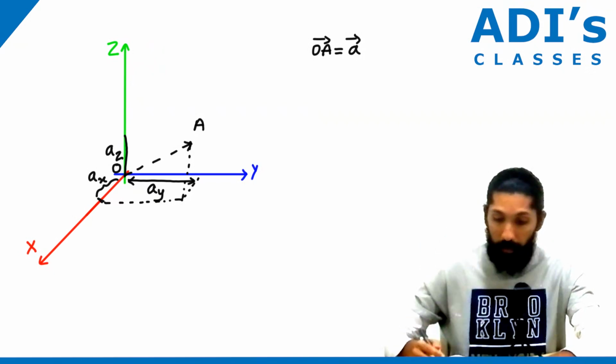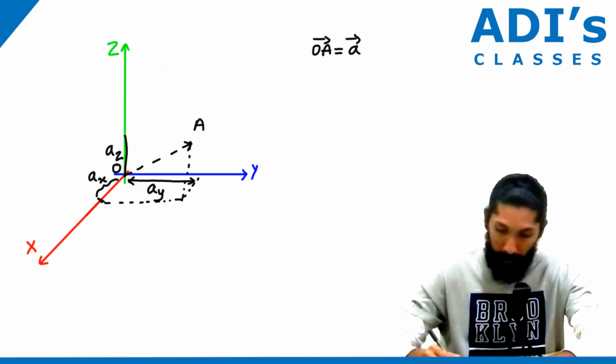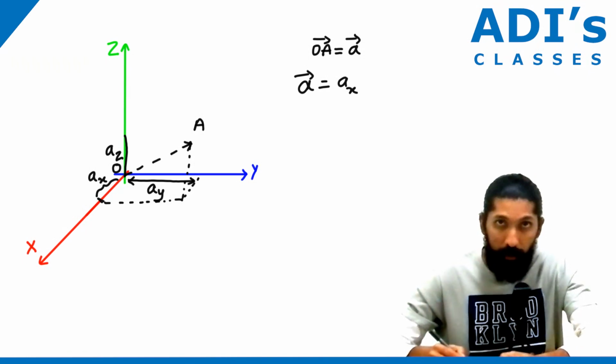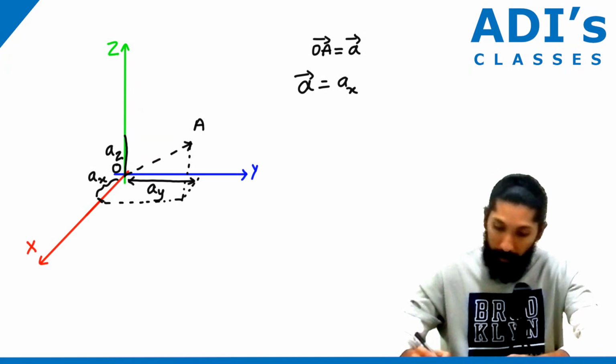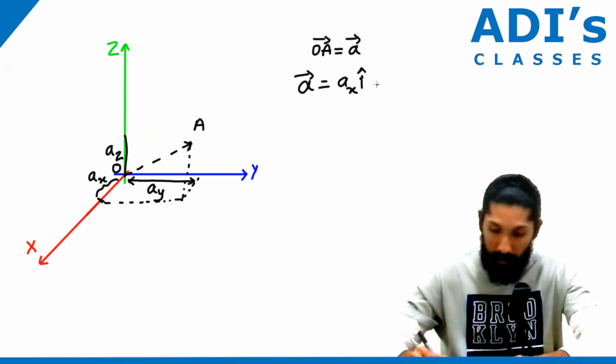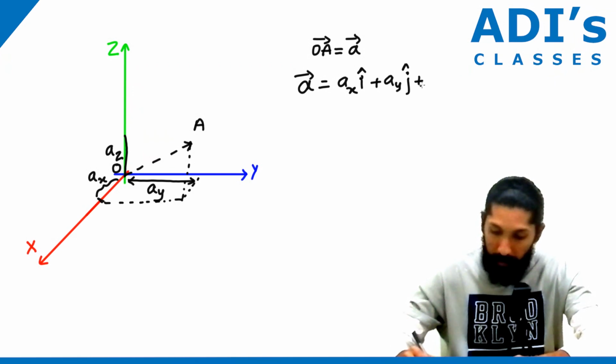Now here, vector A is equal to ax. What is the unit vector along the x-axis? i cap. So A equals ax i cap plus ay j cap plus az k cap.